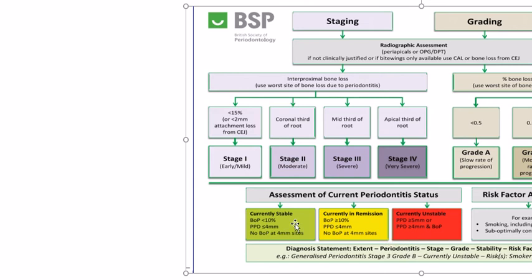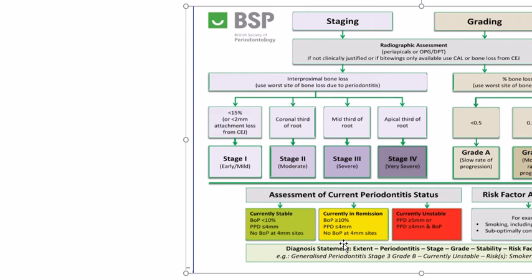Okay, so current stability: periodontal pocket depths at 10%, bleeding on probing is less than 10%, periodontal pocket depths are less than or equal to 4 millimeters, and there's no bleeding on probing at 4 millimeter sites. In remission, bleeding on probing is greater than or equal to 10%.